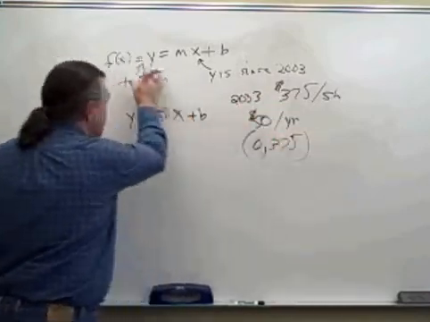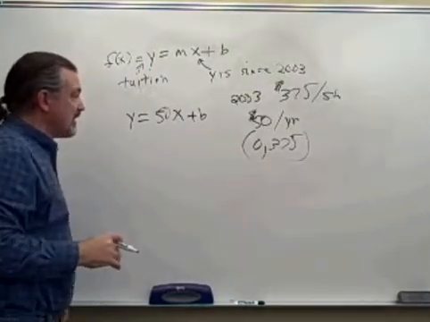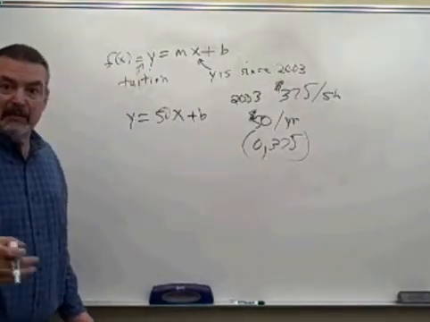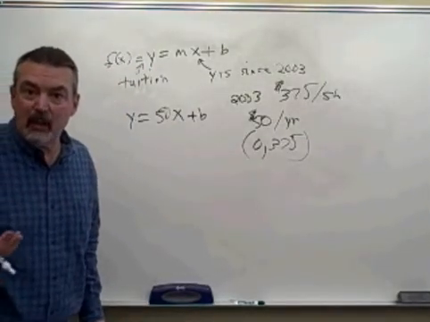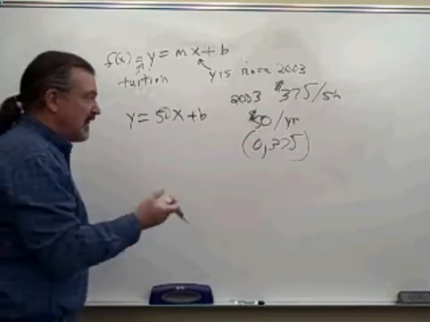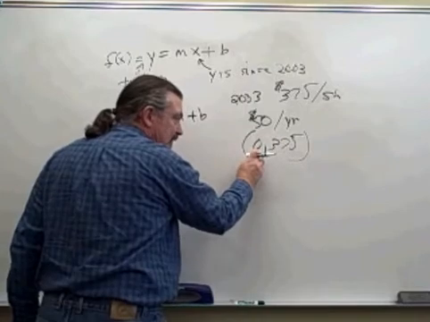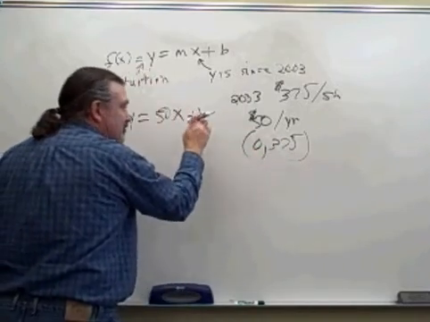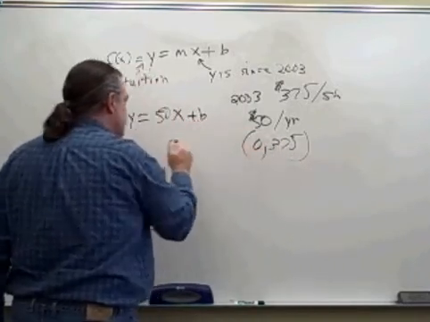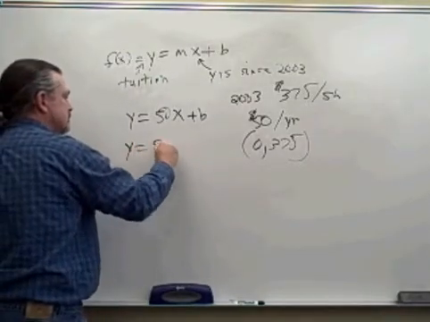And the cost, the tuition, was $375. So they gave me that point, but more importantly, that point is the y-intercept point. Remember, the y-intercept is where x is 0. So the y-intercept value is the b value, that's 375.